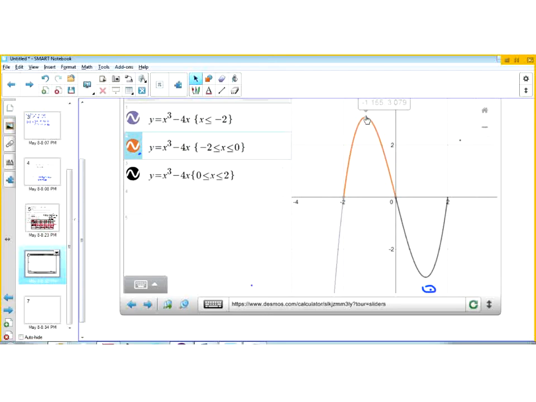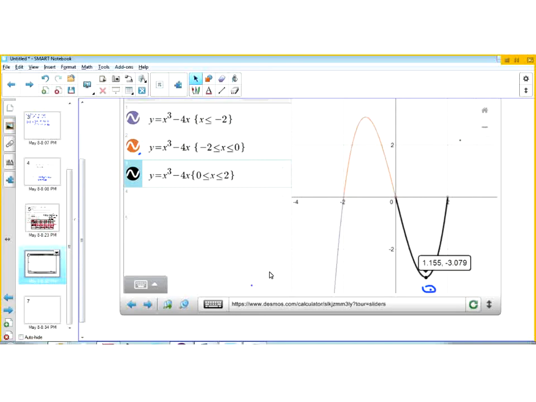Okay, so if this is the local max, just using the pointing tool on the graphing tool, then we would expect that 1.155 and negative 3.079 would be the odd symmetric counterpart, which it is. So you see how the signs are flipped in the abscissa and ordinate of the odd symmetric case. Okay, so there you have it.